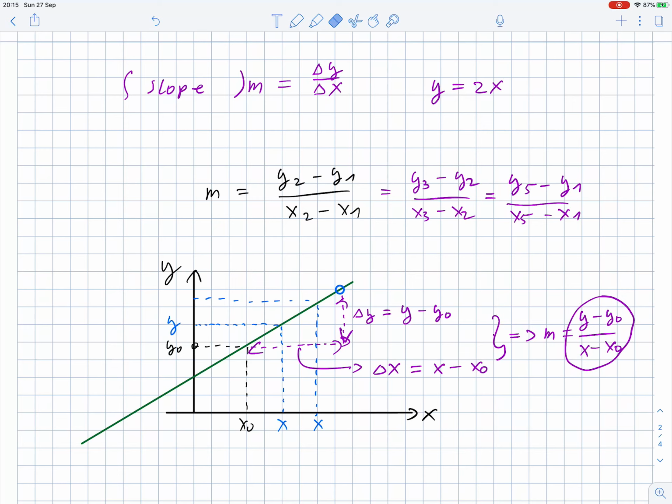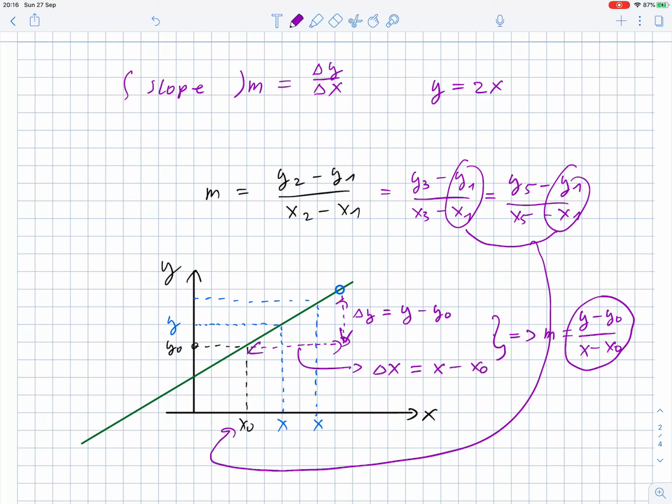Even we can always calculate the slope where x1 and y1 won't change, and this point we can now call a fixed point, x0 and y0.